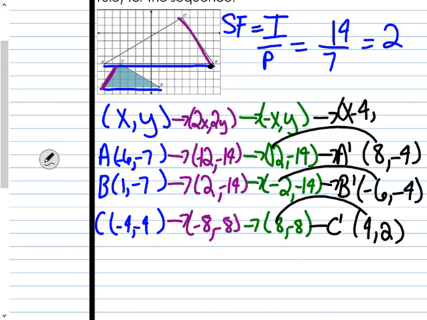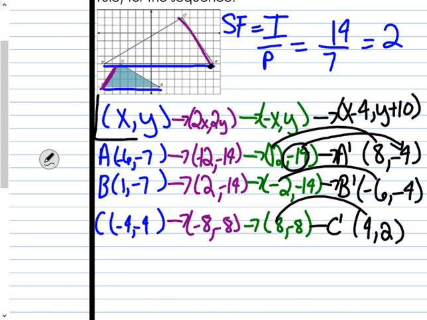And then I did something to the -14 to make it -4. It looks like I added 10, because -14 plus 10 is -4, and -8 plus 10 is 2. So that final piece is a translation.